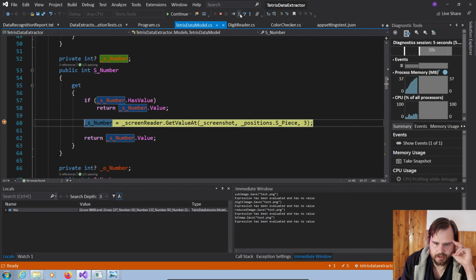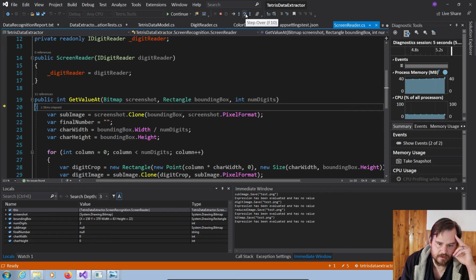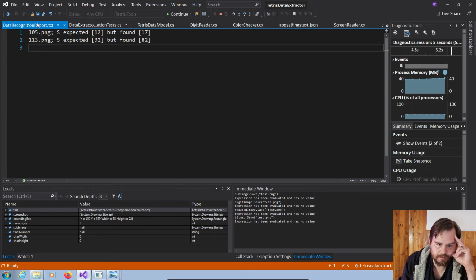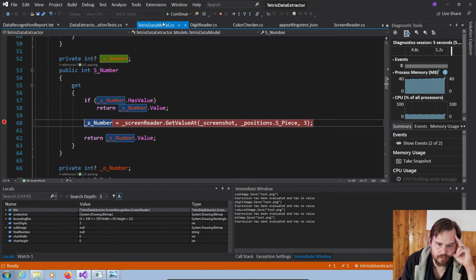Okay, we'll go into here. So this is being read as 30. I can't remember. It's just being read as 17, but we're finding 12. No, we expect 12. We found 17.